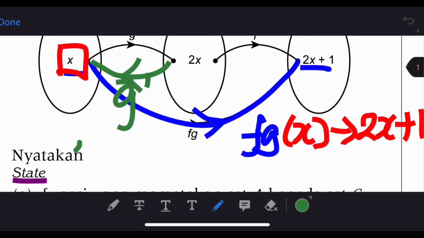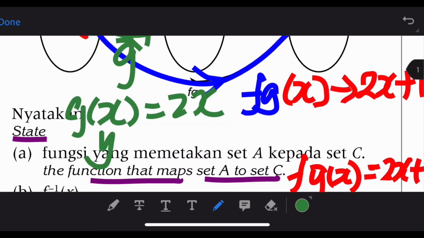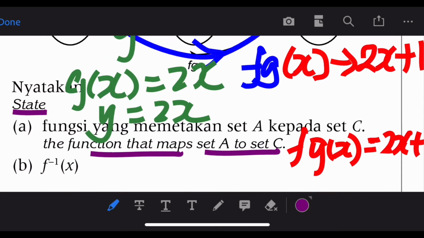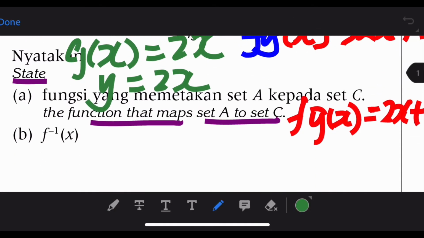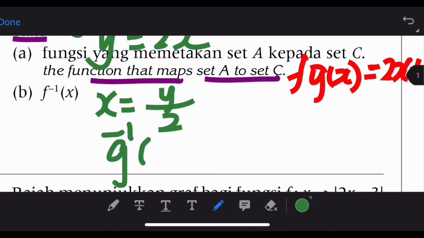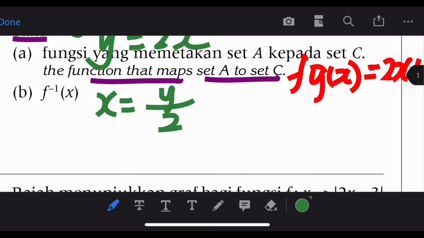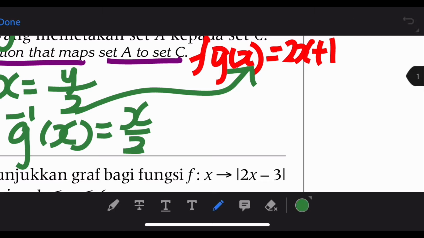Inverse of G is, okay, we have gx equal to 2x, right? So in order to find the inverse, we always let y equal to 2x, right? So that means we can express x equal to y over 2. So that means the inverse of G is x over 2. So we are going to substitute the inverse of G into here, right? So that we can get the f.